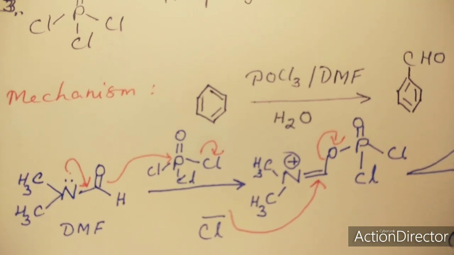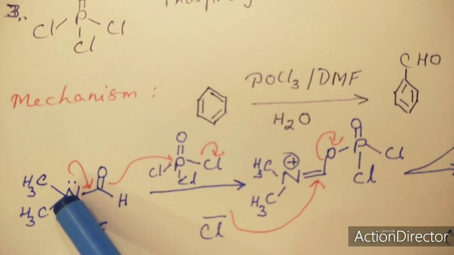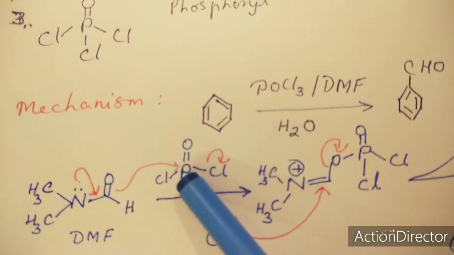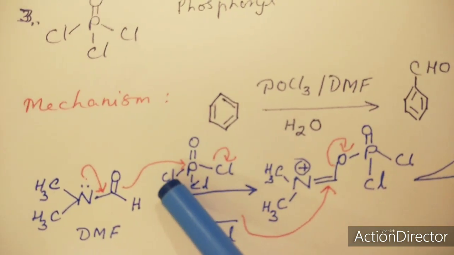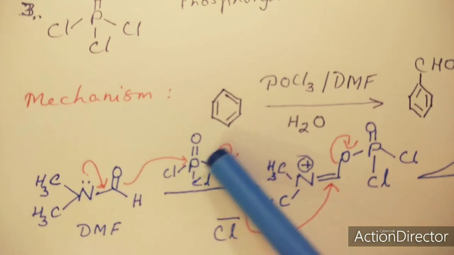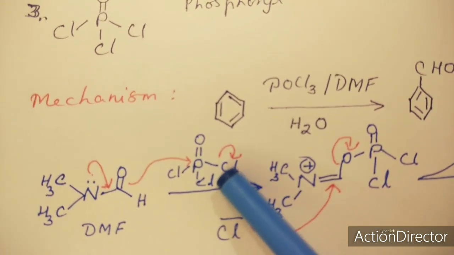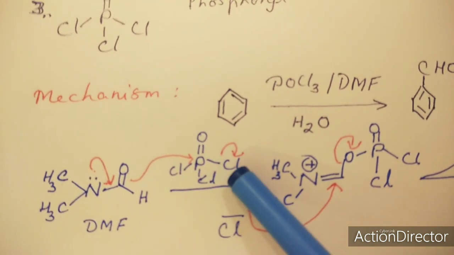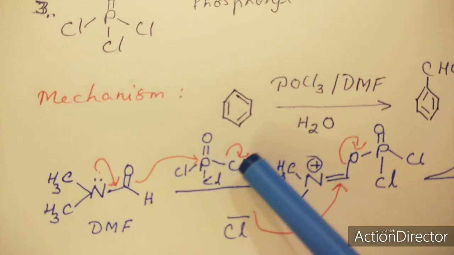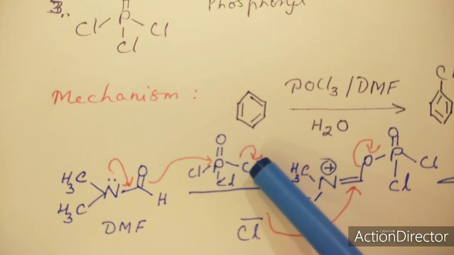Now, seeing how this mechanism proceeds. This is dimethyl formamide with the lone pair of electrons, and POCl3 having three strongly minus I groups attracting the electron pair towards itself. So Cl, three of them are there, is continuously pulling electrons so as to leave in the form of Cl negative.